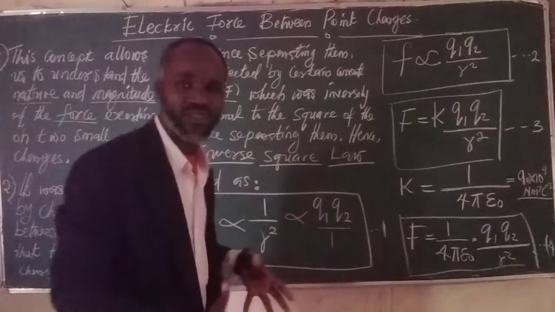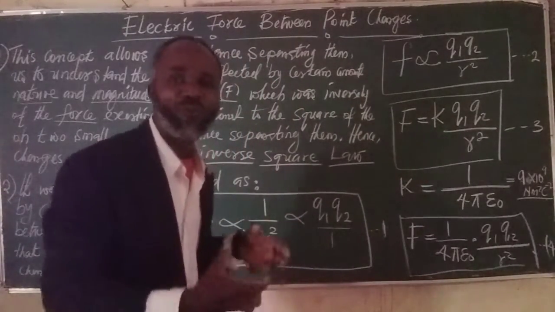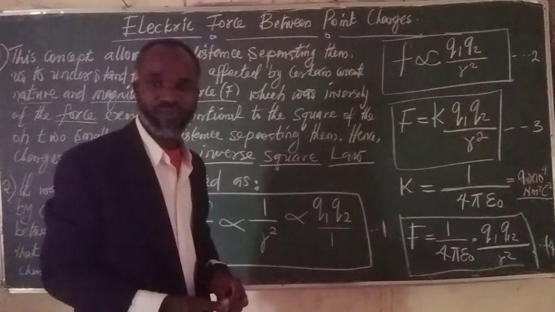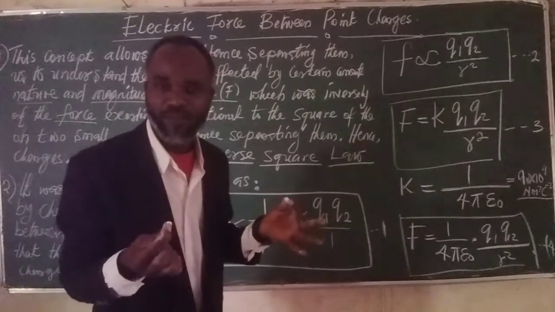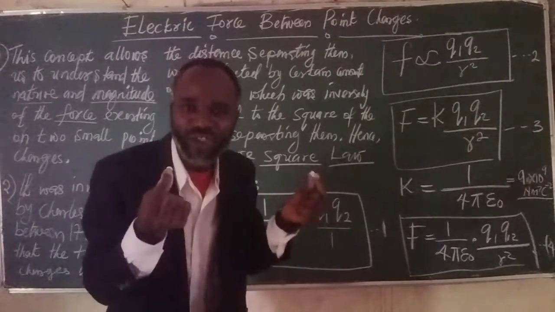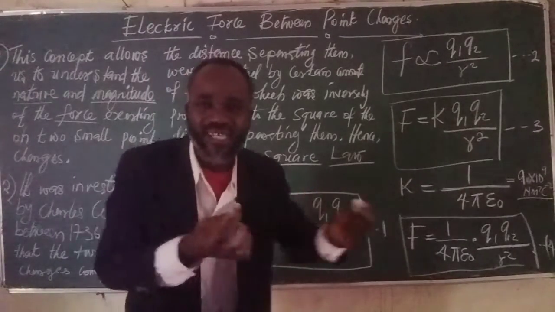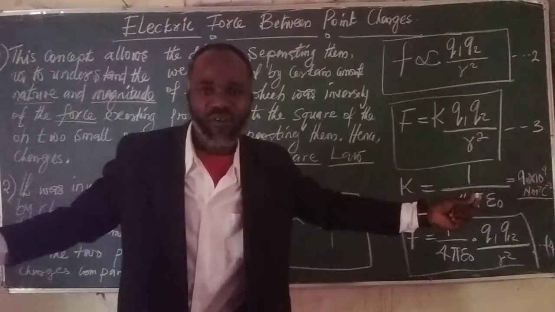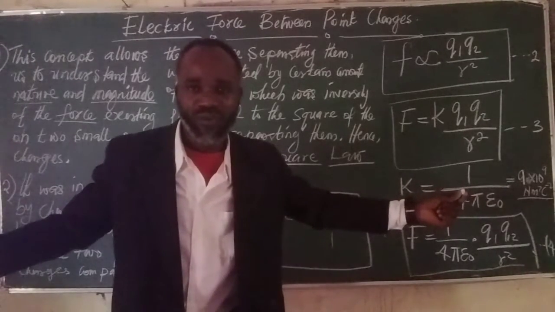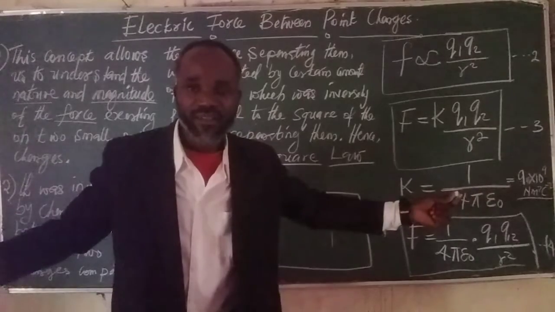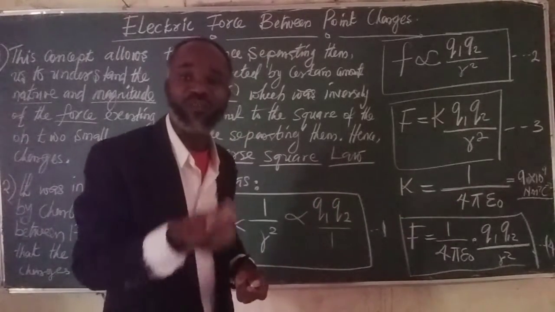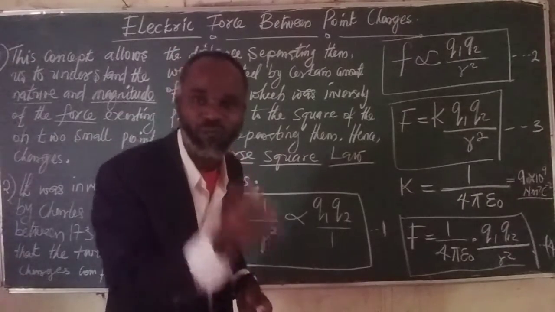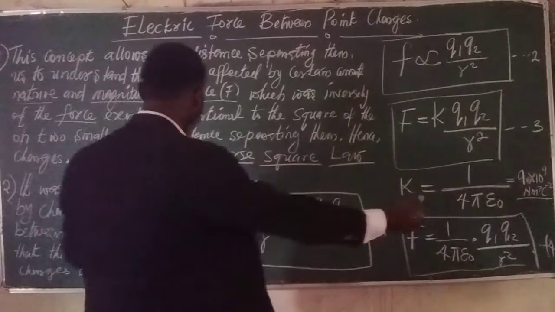This is what electric force is all about. It has to do with force exerted on two point charges whose distance is far wide enough. But at the same time, there is some amount of estimate in terms of the value and magnitude of such force. That's what we're trying to do here.